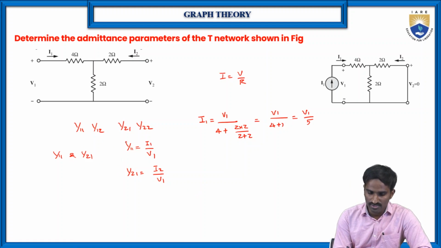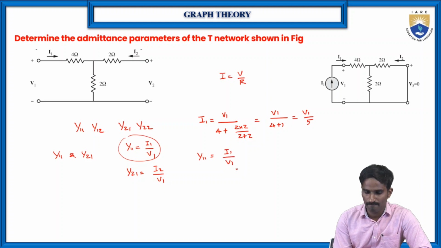Then we know Y11 is I1 by V1. From I1 equal to V1 by 5, V1 is equal to 5 into I1.